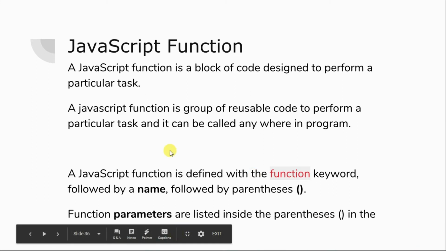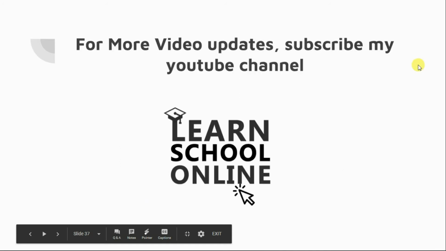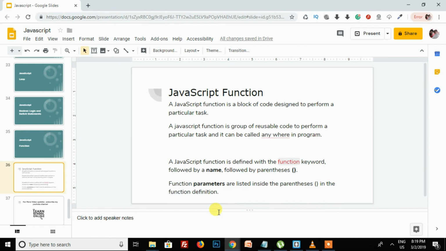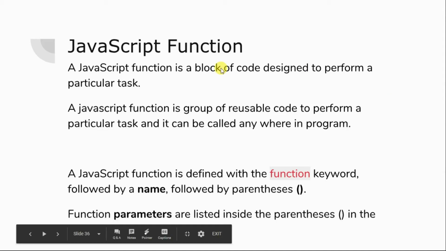Function parameters are listed in the parentheses in the function definition. So this is the basic definition of a JavaScript function.